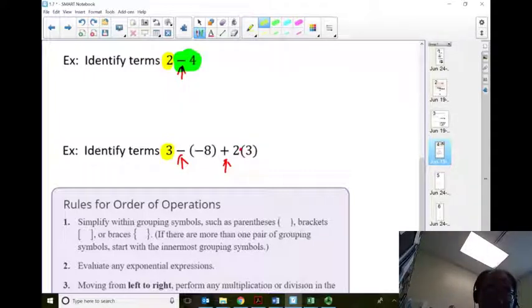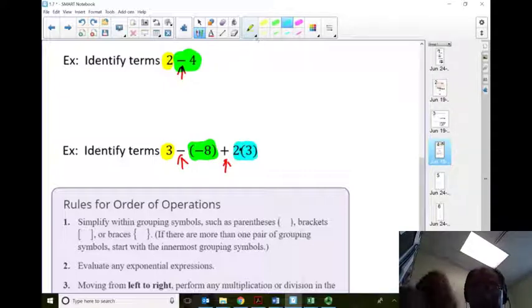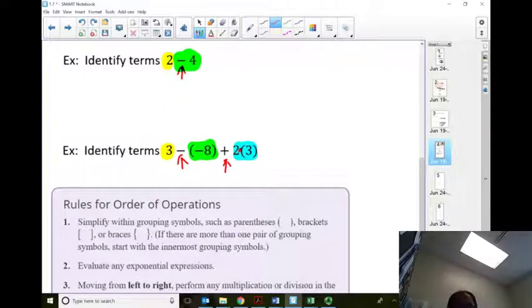What's in front of the first sign, what's in between the addition and subtraction signs, and what's behind my last sign. Okay, so this problem has 3 terms. Right now, when we do order of operations, we're going to break down our problems using the concept of terms. In Module 8, we will talk about how these plus and minus signs go with the terms that follow.